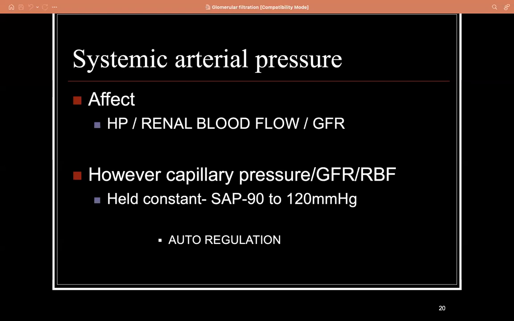Now, on a day-to-day basis, sometimes you may not have a constant blood pressure. It's not possible. For instance, your blood pressure rises when you stand up from sitting down. When you run or walk briskly, your blood pressure goes up.